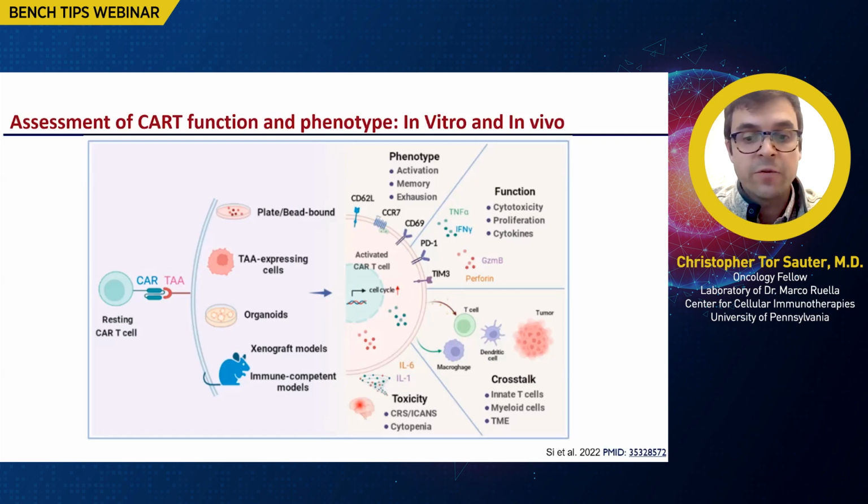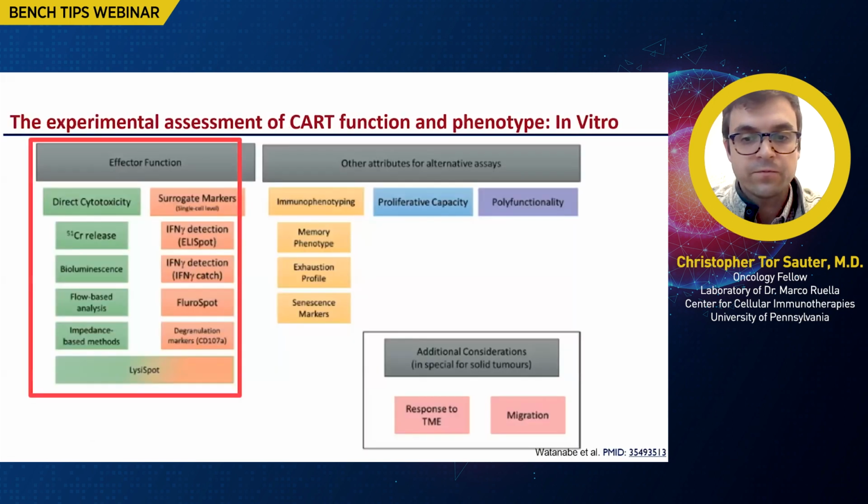In general, the output of these methods examines T-cell alterations such as phenotype, exhaustion, tumor cell killing, proliferation, cytokine secretion, and some additional parameters in vivo that I'll discuss later.